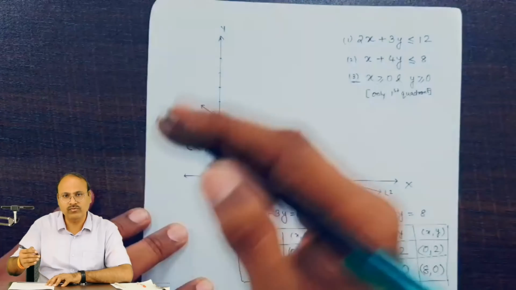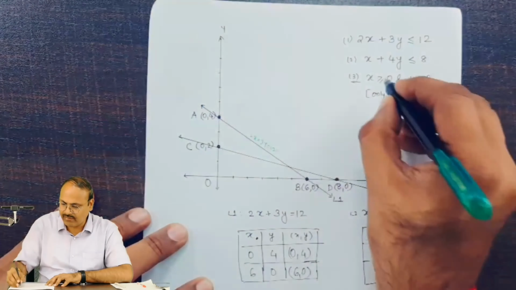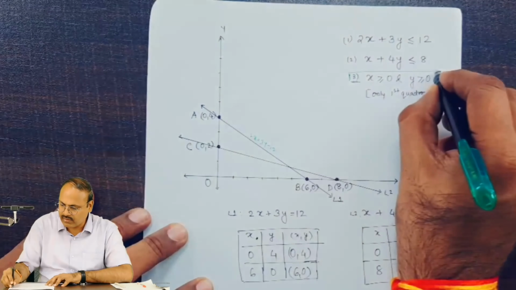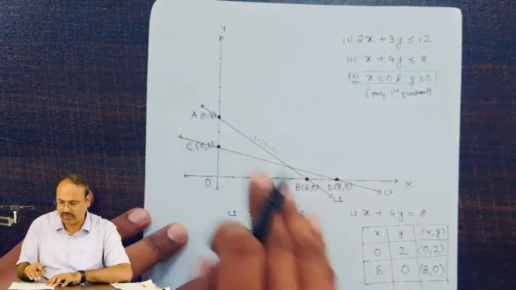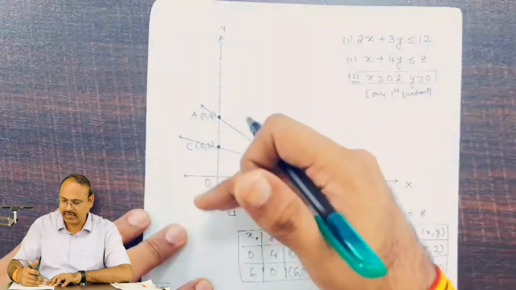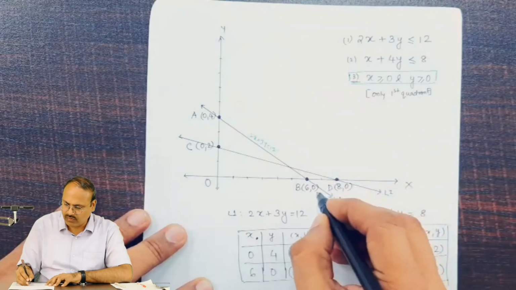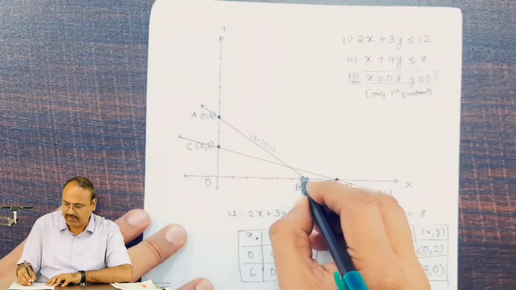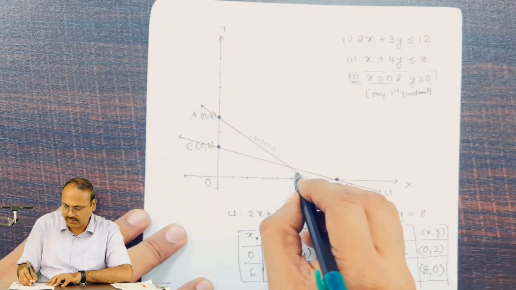Less than that, so we have to go below. And we have to be in the first quadrant only, so we will not go to the negative quadrants. So what is the region below this line in the first quadrant? It is this region.